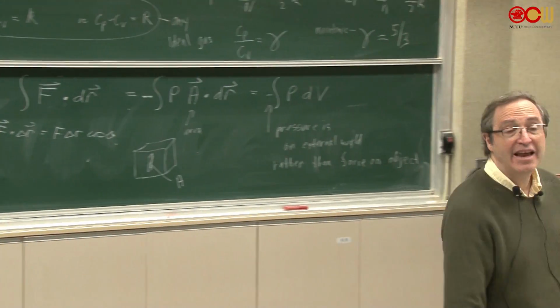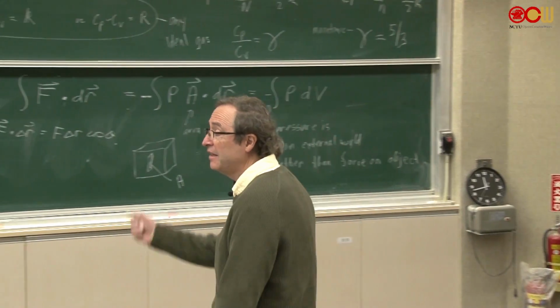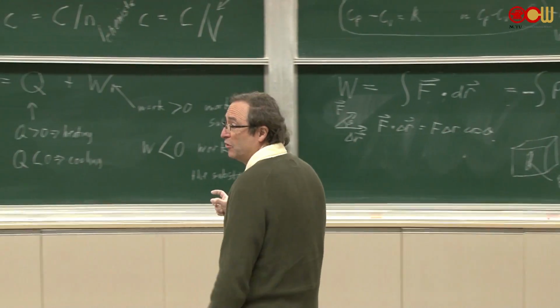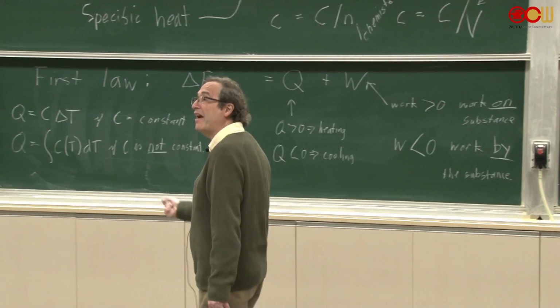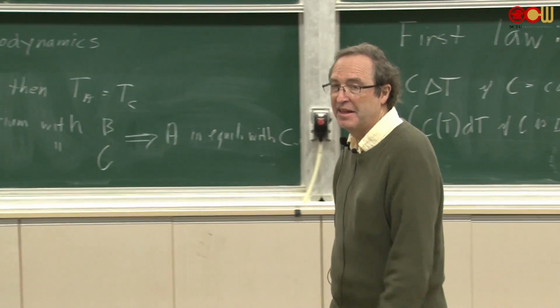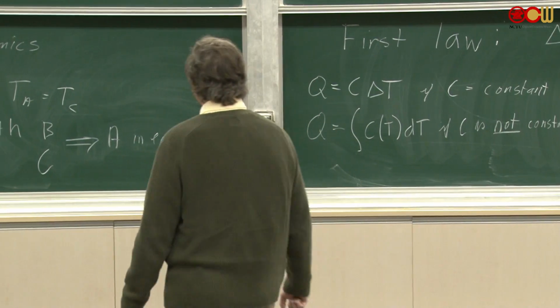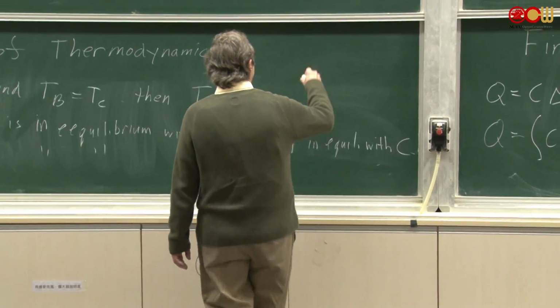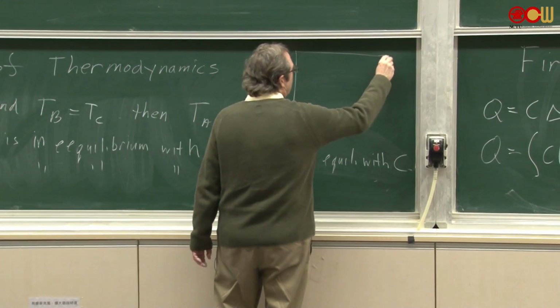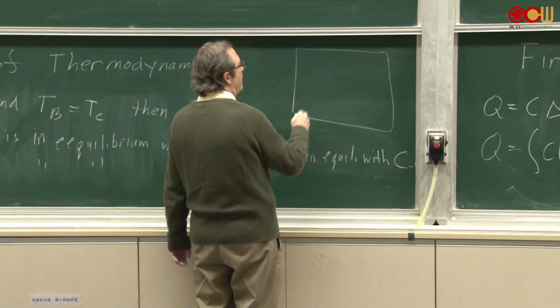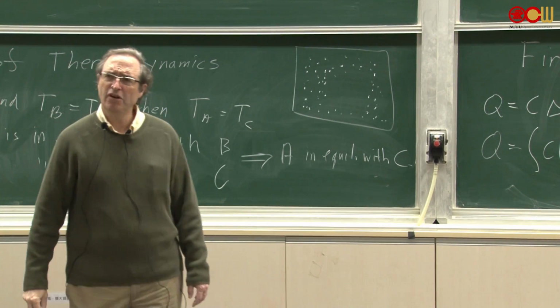So in order to figure that out, I had the computer program print out where the particles were. And this is what I saw. So here's the system. All right, and this is what I saw.